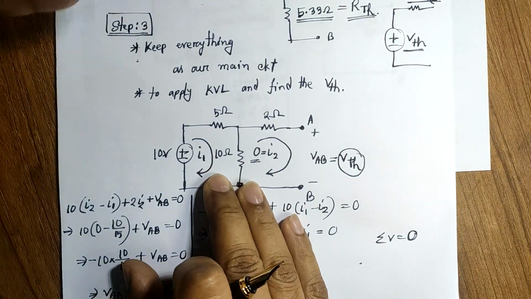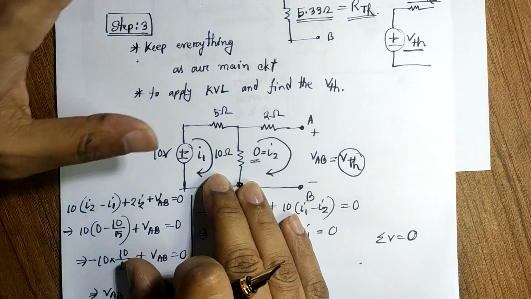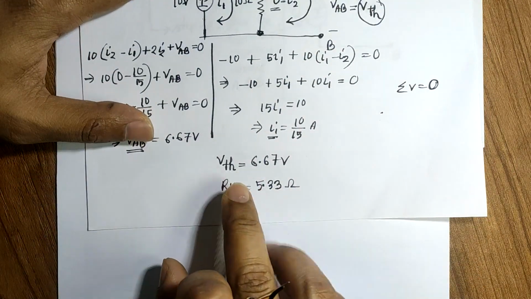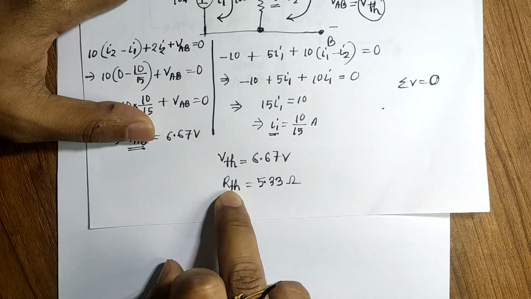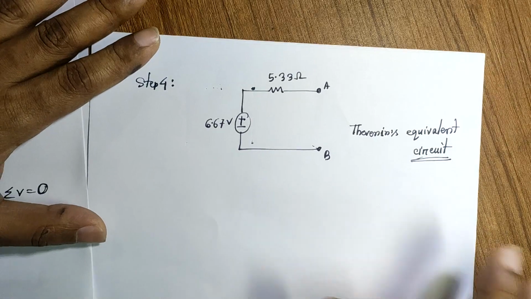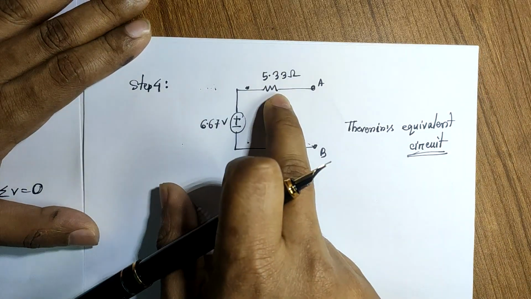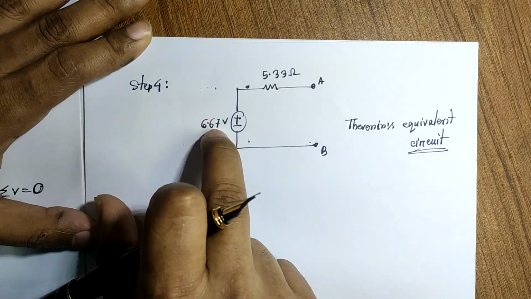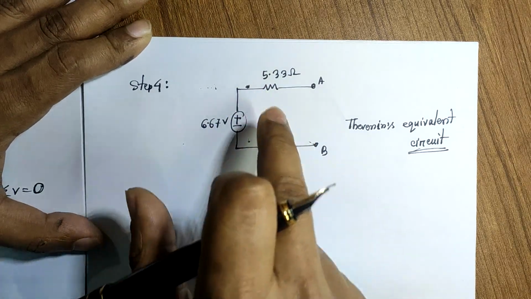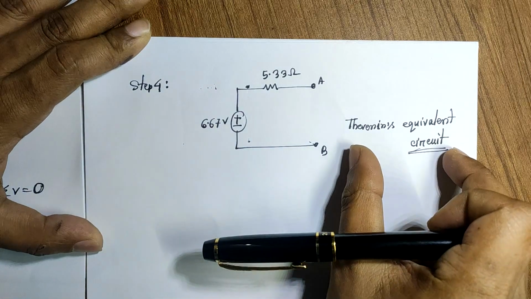My favorite way is to apply the KVL. There are other ways, I will show you. After obtaining the value of VTH and RTH, draw just one voltage source and one resistance, write the obtained Thevenin's equivalent voltage and the obtained Thevenin's equivalent resistance, and that's your Thevenin's equivalent circuit.